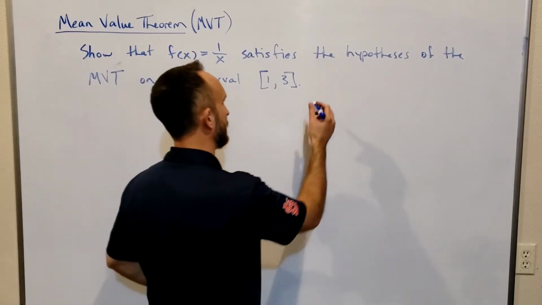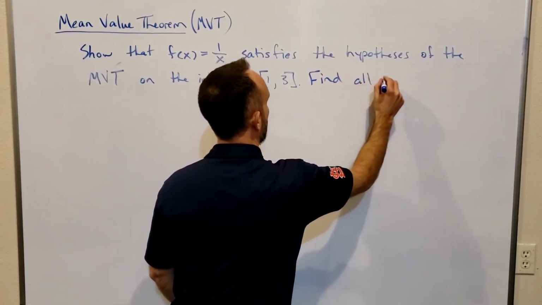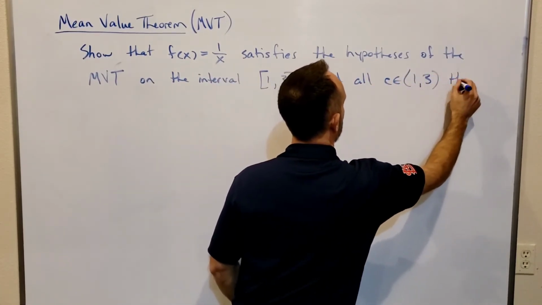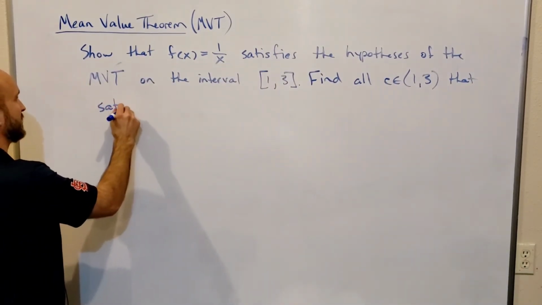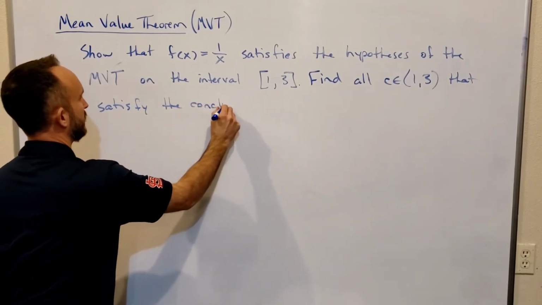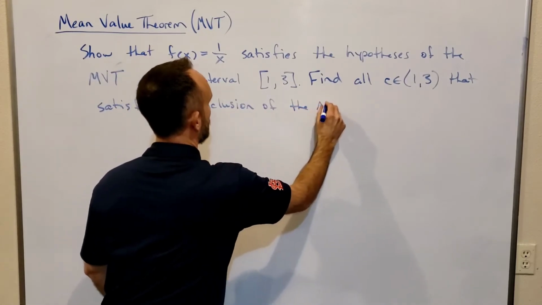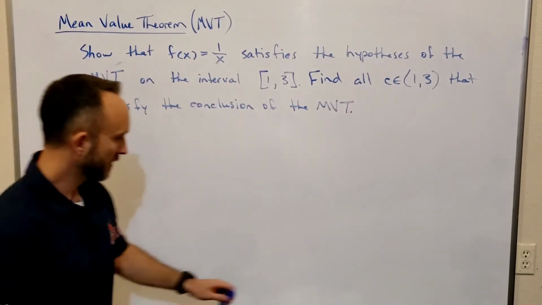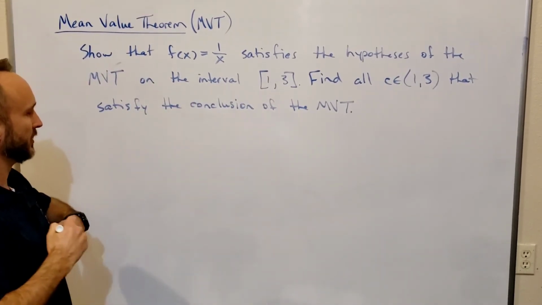So then we'll find all the c values in the open interval from 1 to 3 that satisfy the conclusion of the MVT. All right? So here we go. If you watch my Rolle's theorem video, we did an example very similar to this.